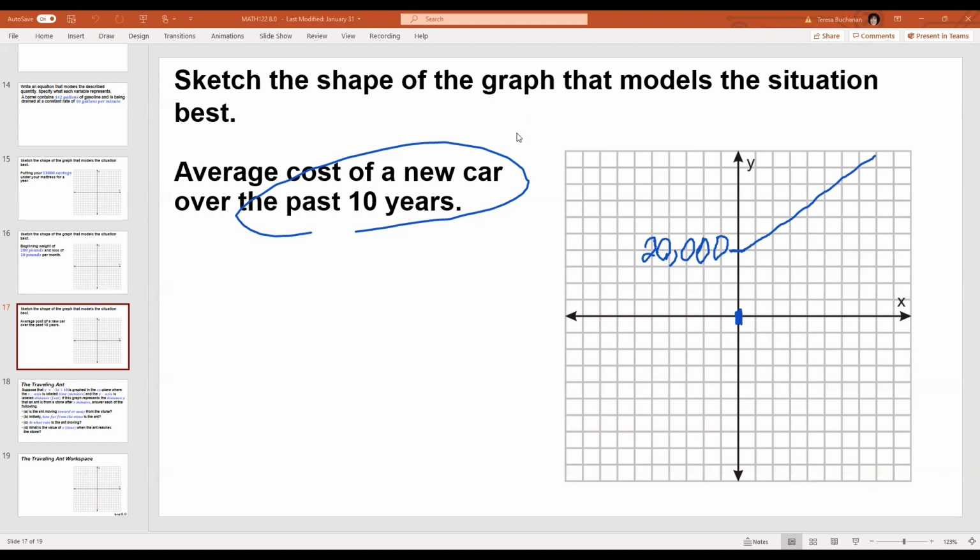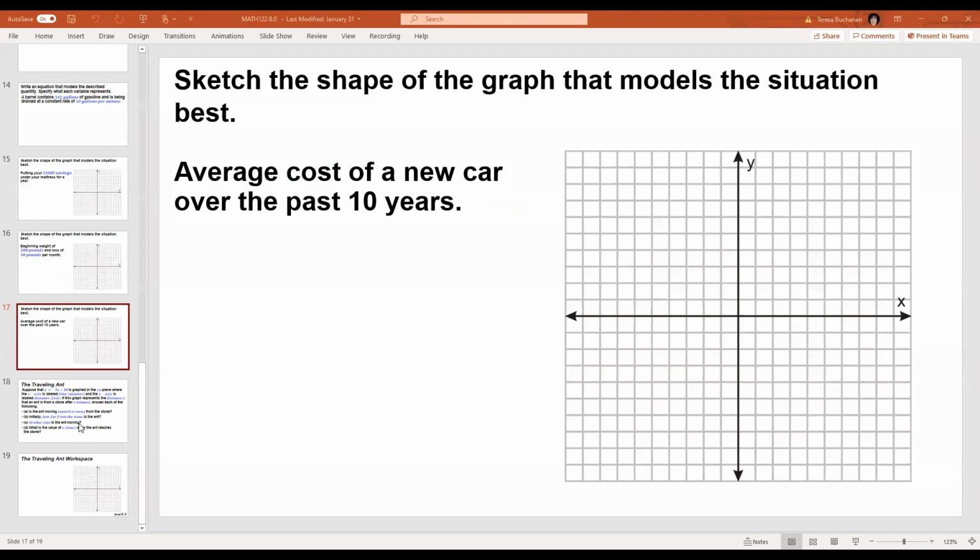So my slope here, I would expect to be a positive number. The slope is increasing, and that graph would indicate that the cost is increasing over time. Simply because it's a part of inflation like everything else, right? There's always a little bit of inflation. Sometimes there's a lot, like right now.